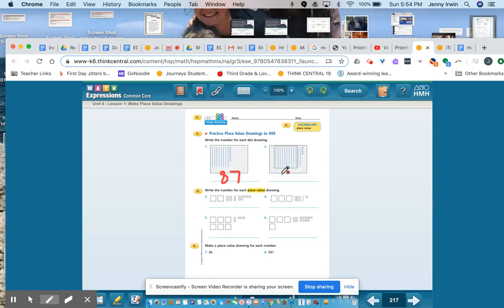So this picture is a value of 100, 2 tens, and 4 ones, 124. Continue looking at 3, 4, 5, and 6 using what you know for those place value drawings, and you're going to write the answers in.